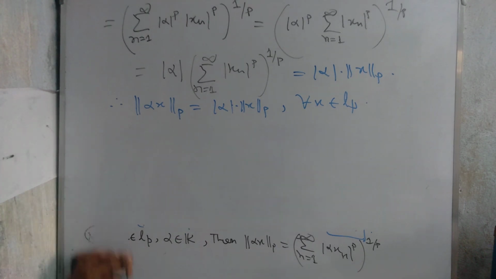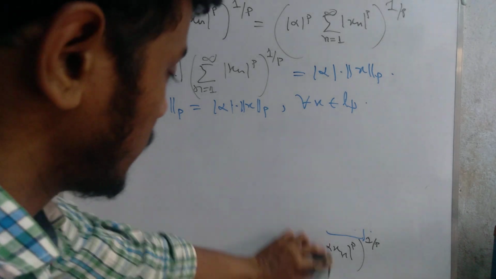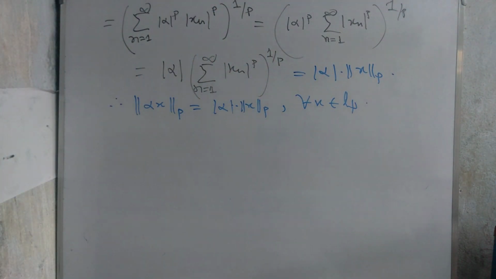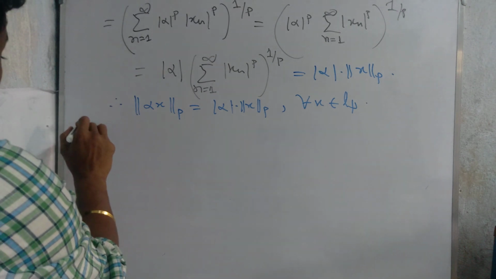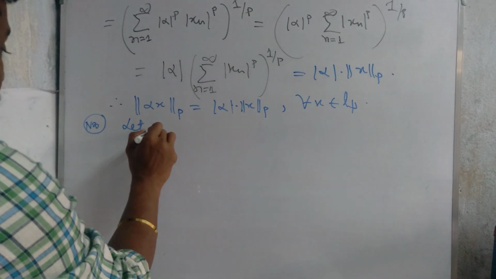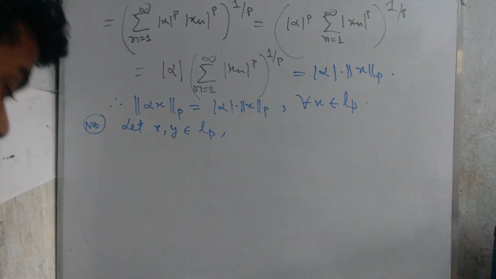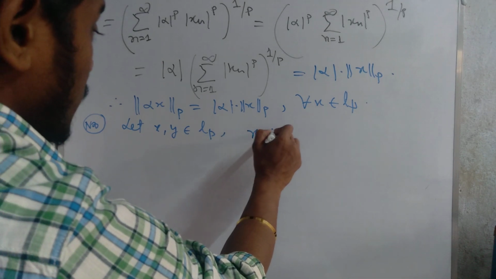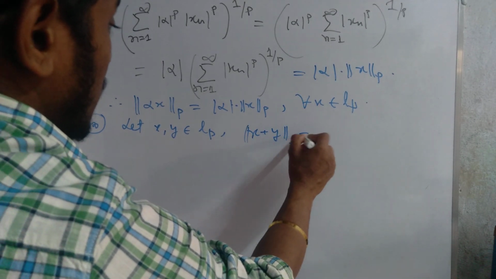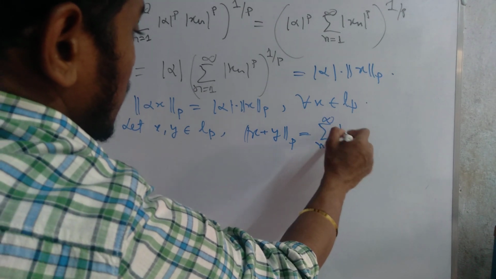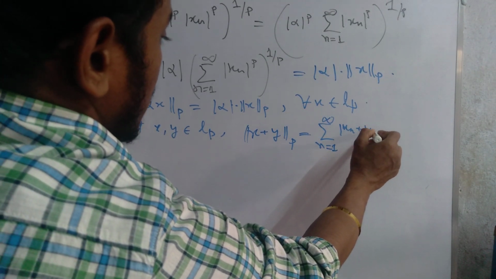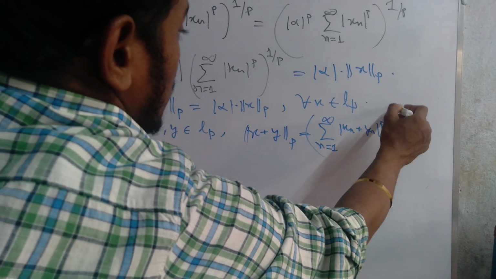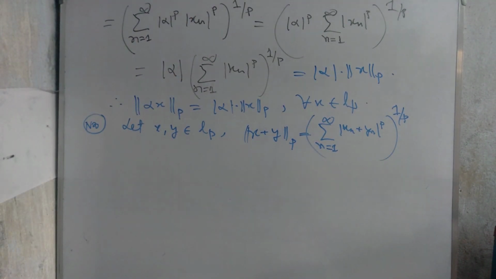Next we go on to the third condition. Let x, y belong to l^p. Then ||x+y||_p equals the summation from n = 1 to infinity of |xn + yn|^p, whole to the power 1/p.